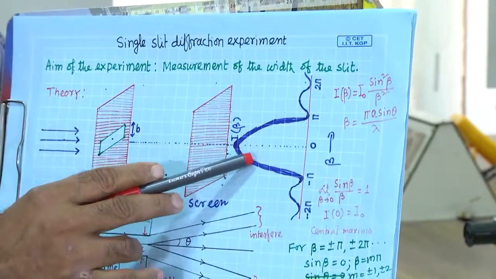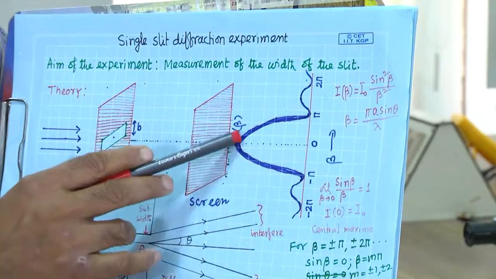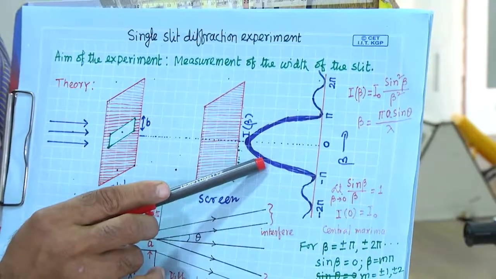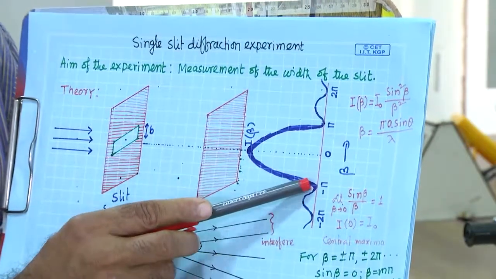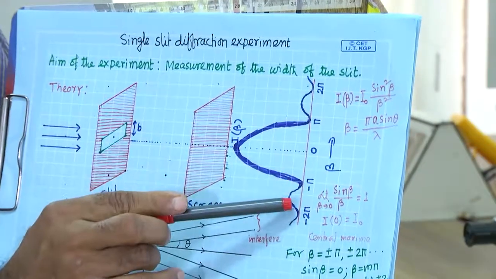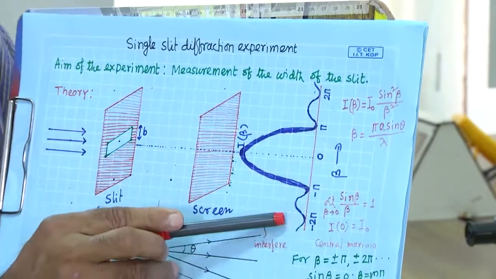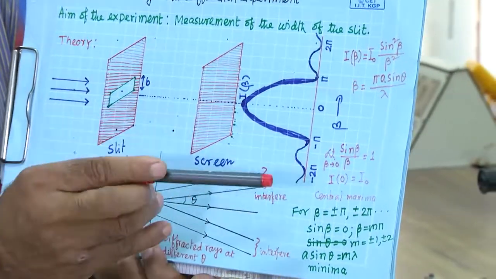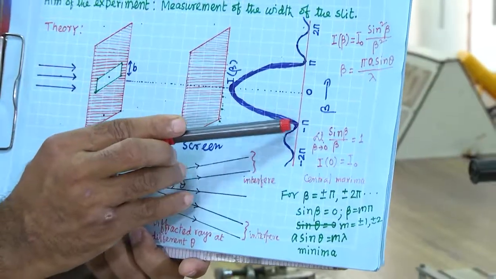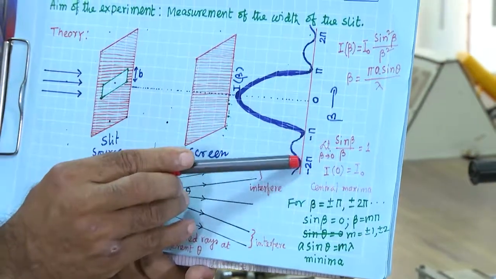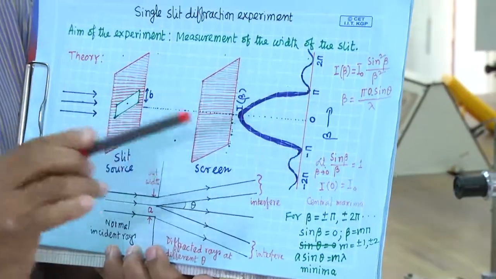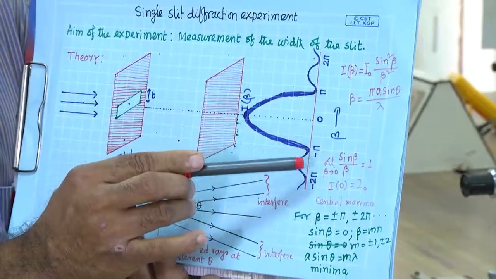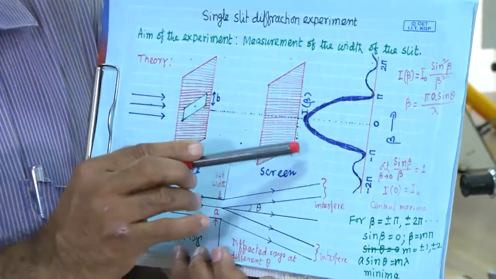This is called the central maxima, and these others are the secondary maxima, and between these maxima are the minima, the dark points. So we see here two kinds of maxima.